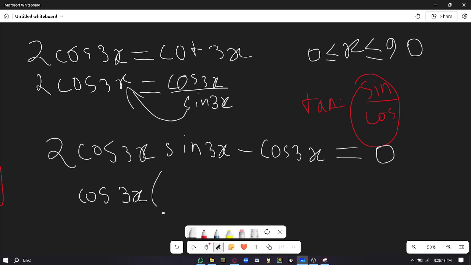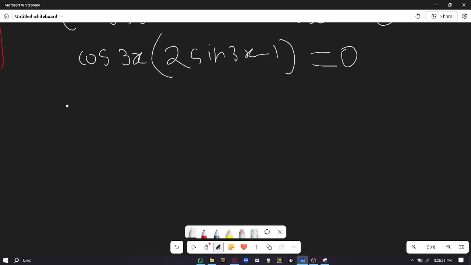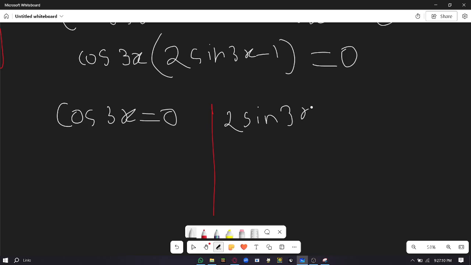We will be left with 2 sine 3x minus 1 is equal to 0. So we'll be left with 2 solutions. One is cosine 3x equals 0, and the second one is 2 sine 3x minus 1 equals 0.